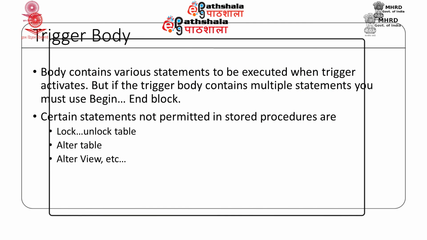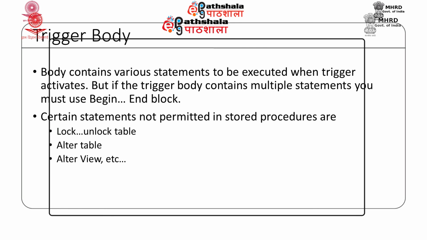The body part of a trigger might have certain limitations or restrictions. We say that in the body part we are maintaining a log, we are enforcing constraints, we are maintaining security, we are checking for security authorization. But there are certain statements which are not allowed in the trigger body.